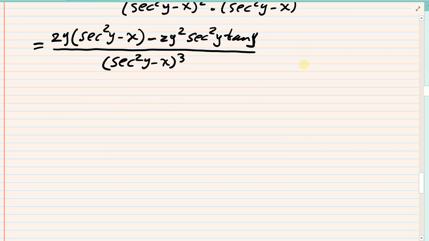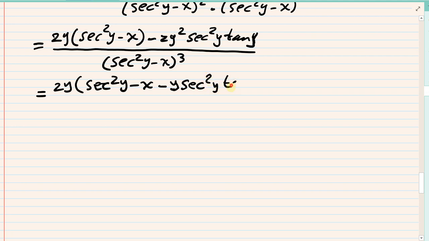And all I can do now is factor 2y from the numerator. That's going to be 2y, and then I have secant squared y minus x negative y, because I have 2y squared, 2y's factored out. Then I have secant squared y, and then tan y.